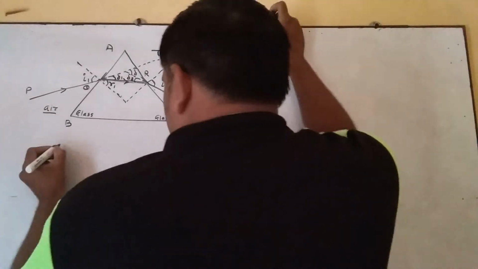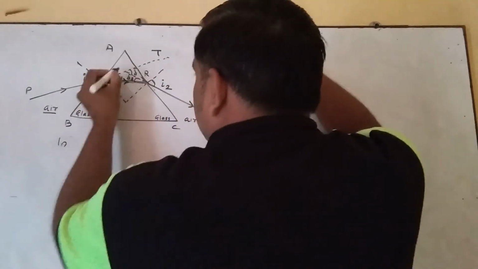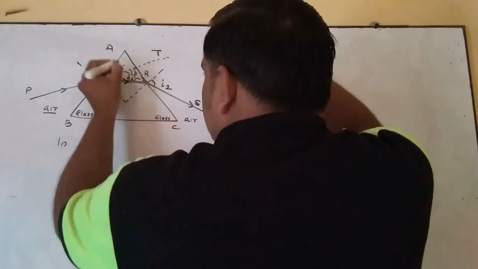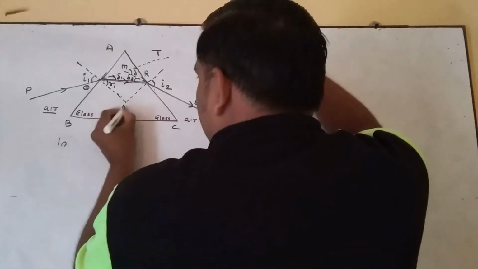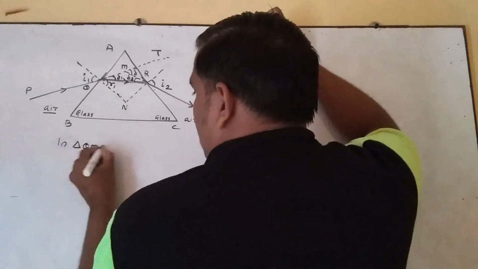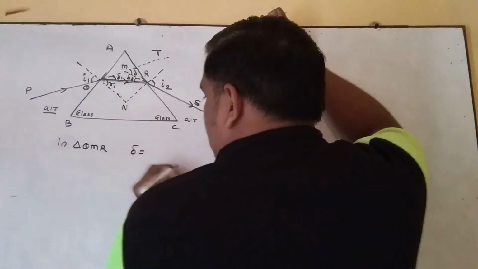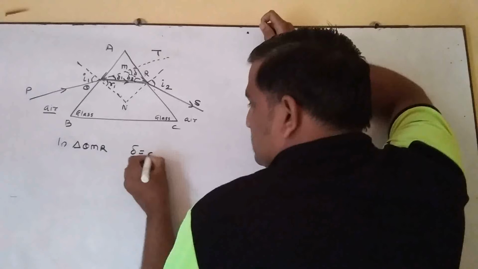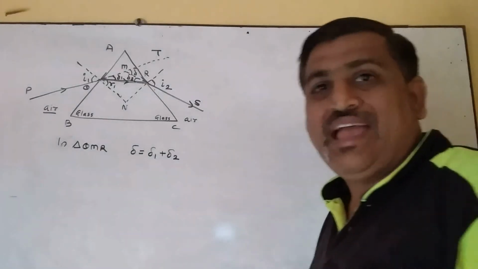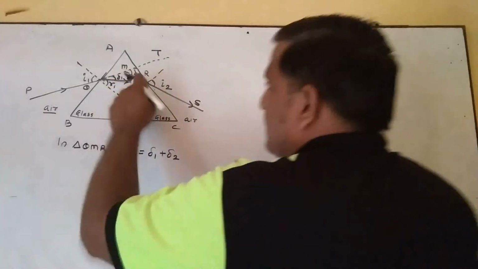First of all, here in the figure PQRST, I see this as M, this as N. In triangle QMR, this upper triangle, we find that delta is the exterior angle, which is the sum of the 2 interior angles, that is delta 1 and delta 2.